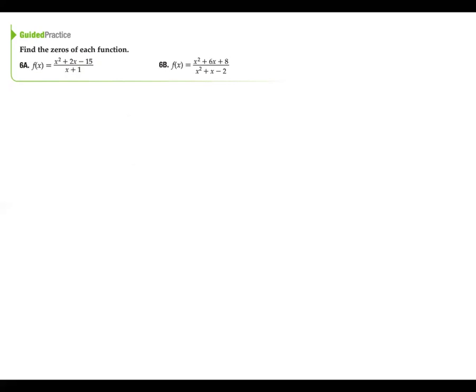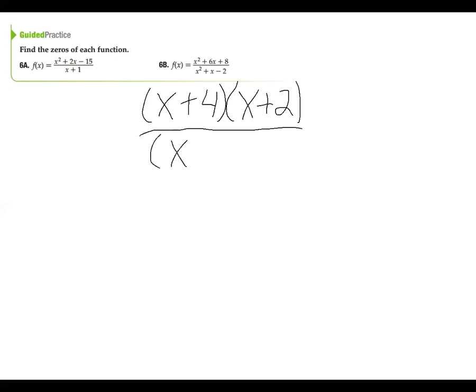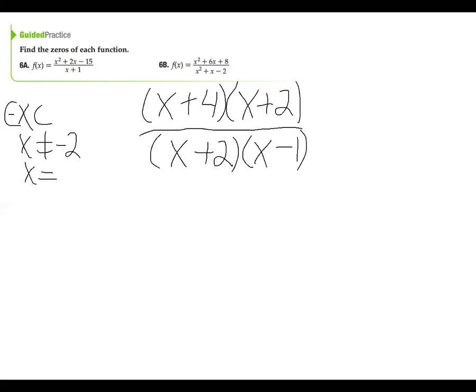So excluded values are what make the denominator 0. The zeros of the function are what make the numerator 0 after you cancel out any common factors. So the numerator here would factor into x plus 4 times x plus 2, and the denominator would factor into x plus 2 times x minus 1. The excluded values are x not equal to negative 2 and x not equal to 1.